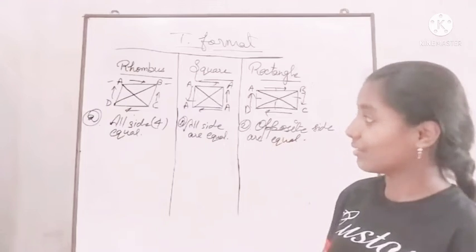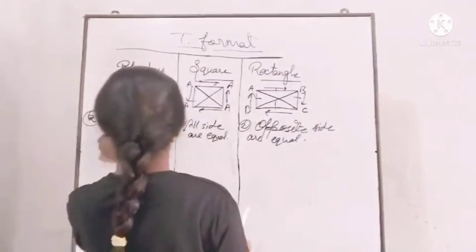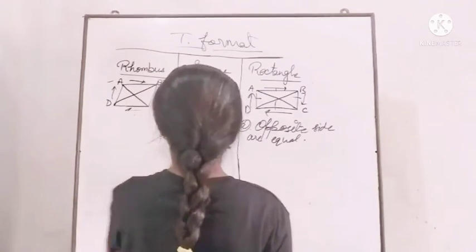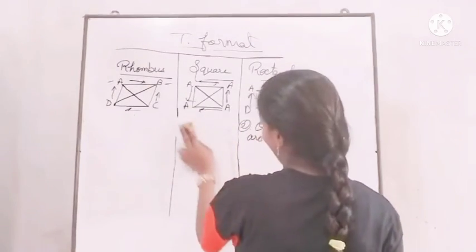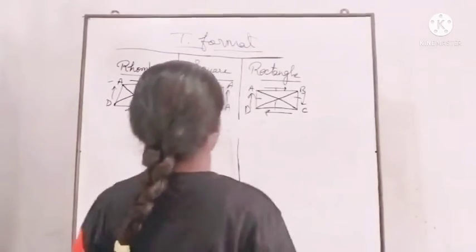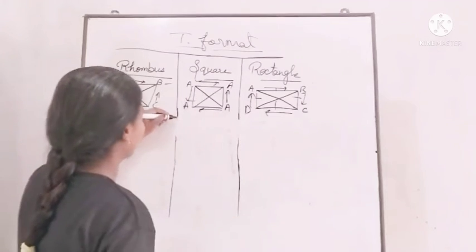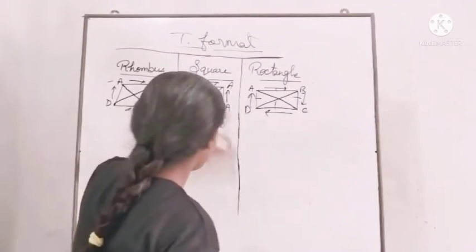Now let's see the third point, or the property of rhombus, square and rectangle. Hopefully you are enjoying this amazing T format a lot, because by this you can understand the differences, you can understand similarity and you can learn it.